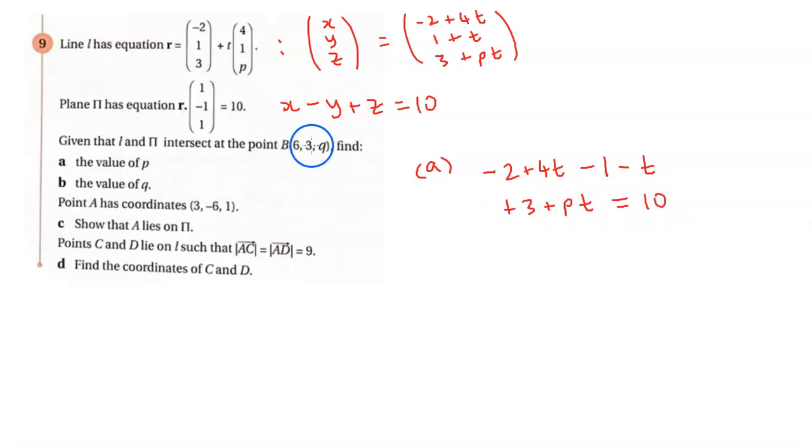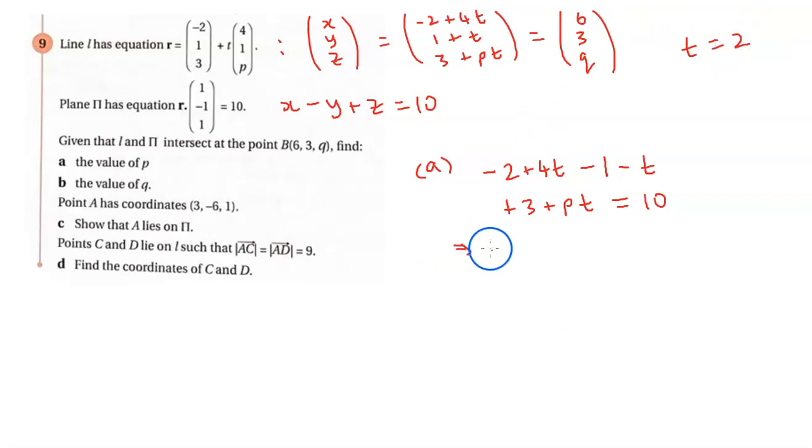And of course, at this particular value where they do intercept, for this particular value of t, it's equal to (6, 3, q). According to the first equation, we have -2 + 4t = 6, and so that must mean that t is equal to 2.